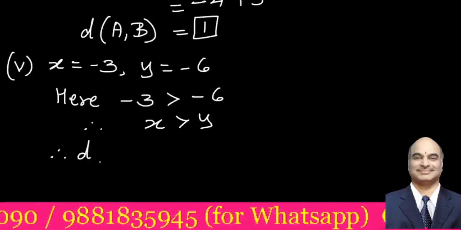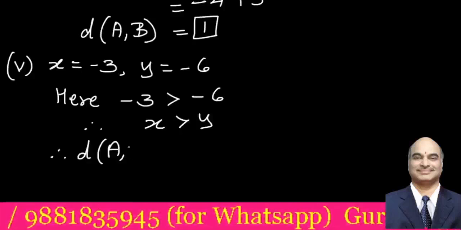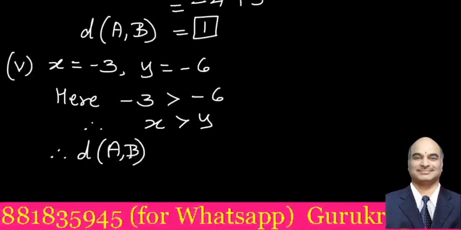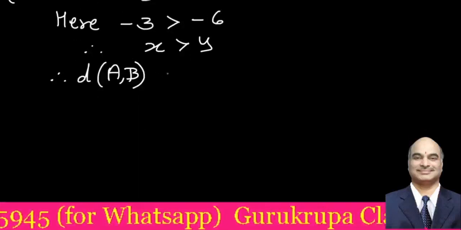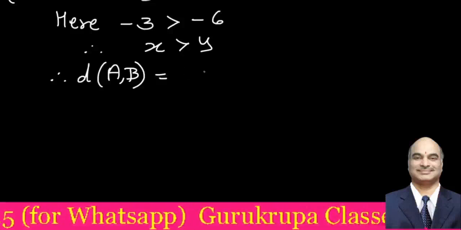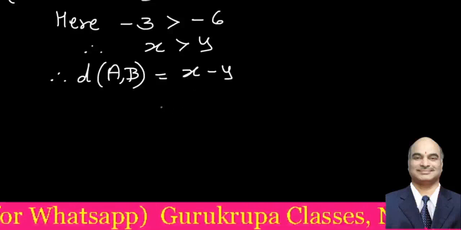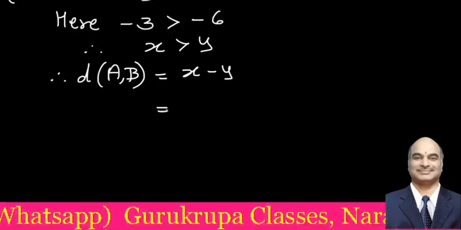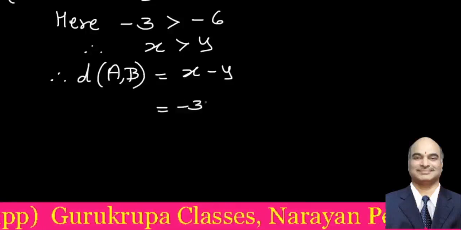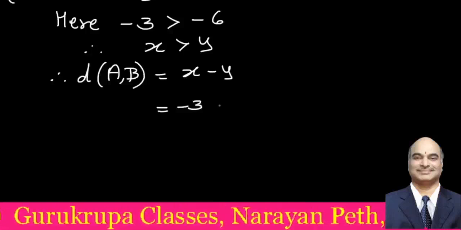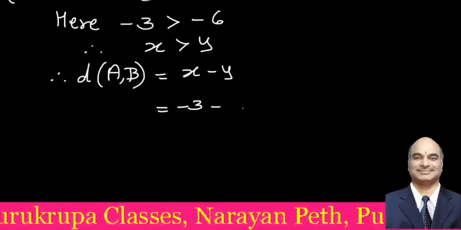Therefore distance AB is equal to the greater number x minus the smaller number y. Now here x is minus 3 and the smaller number y is minus 6.